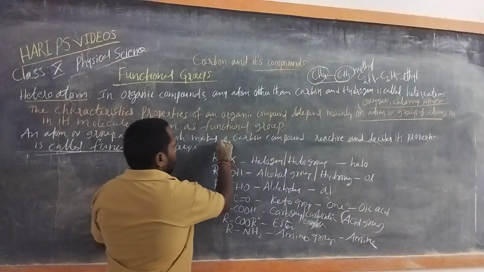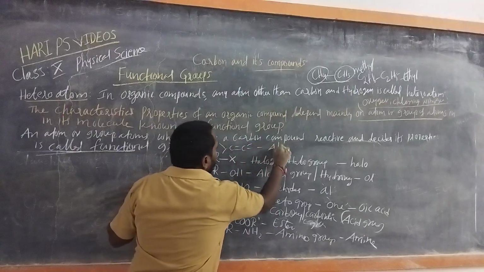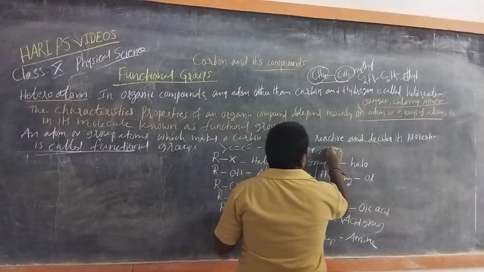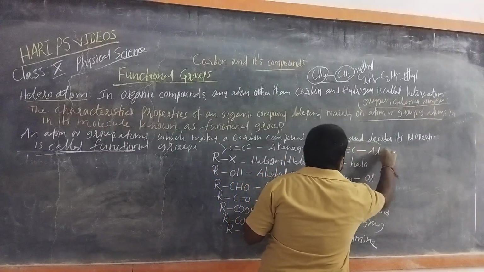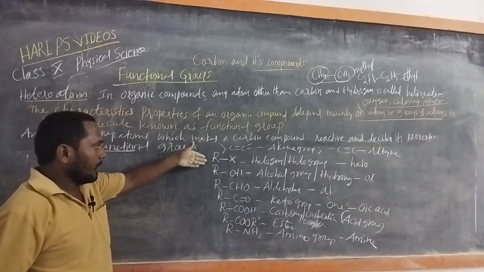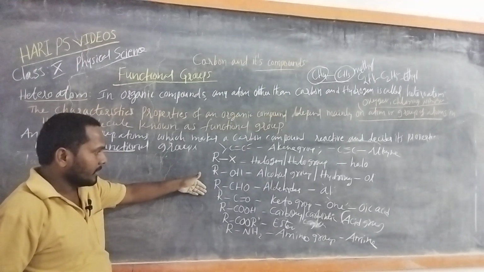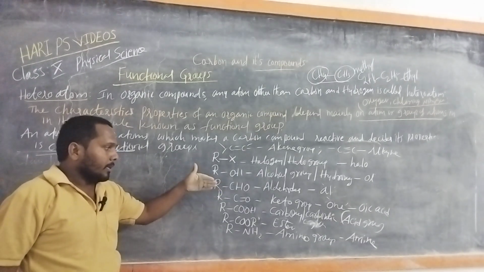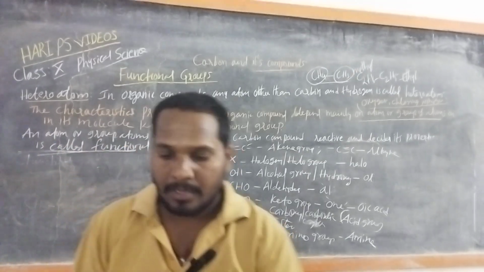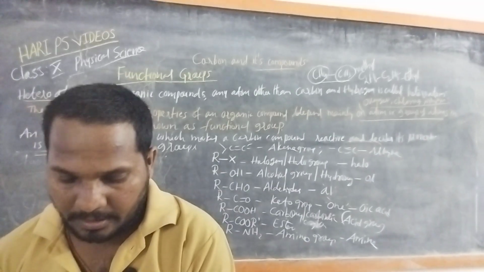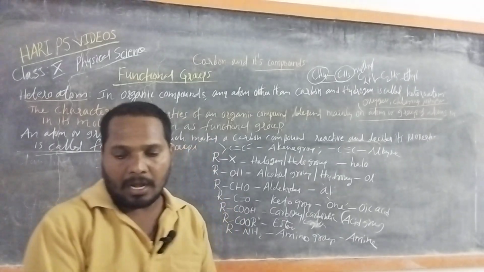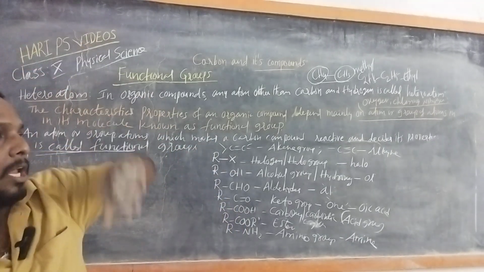C double bond C, alkene group. C triple bond C, alkyne group. So halogen, alcohols, aldehydes, ketones, carboxylic acids, esters, amines, anilines, amides, then nitriles, and acid halides. So we have many functional groups.